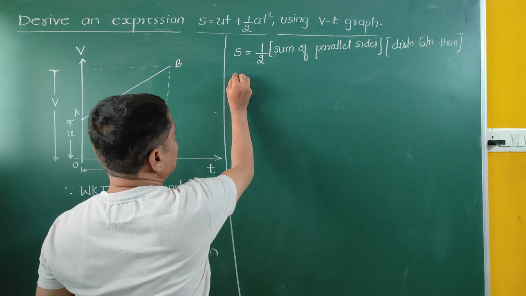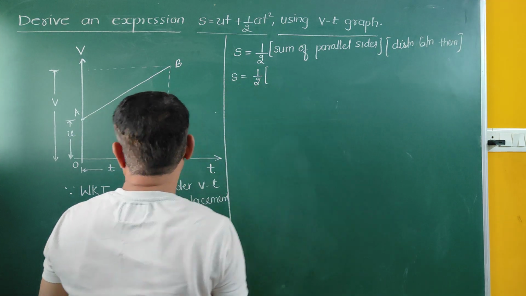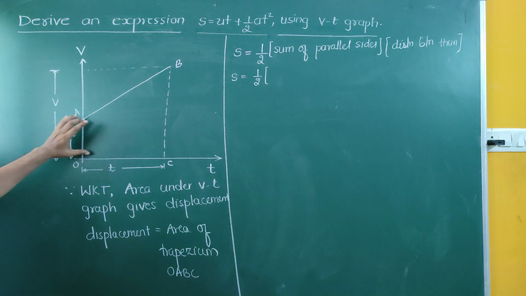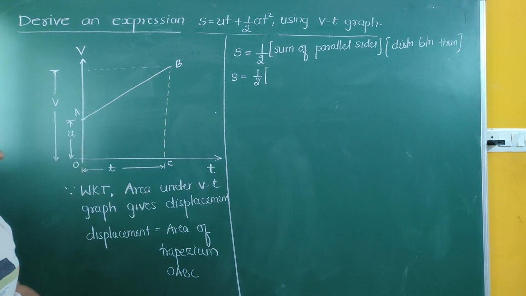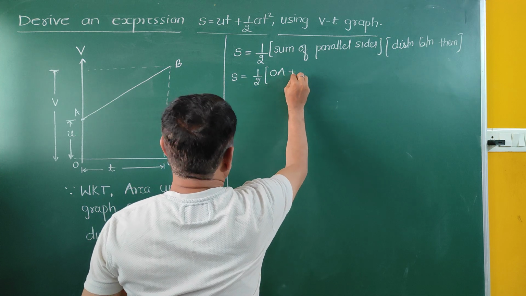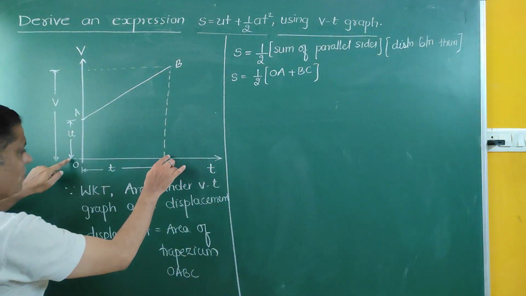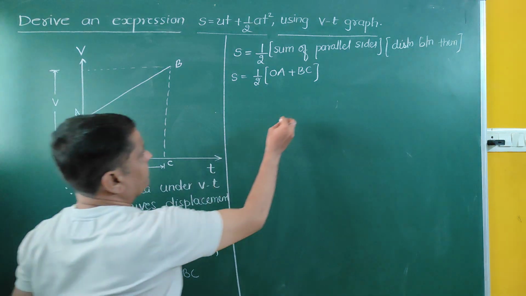So S is equal to half into, here OA and BC are parallel sides. Sum of parallel sides means OA plus BC, into the distance between these two parallel sides, which is OC.